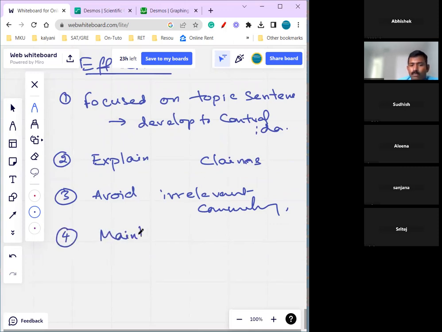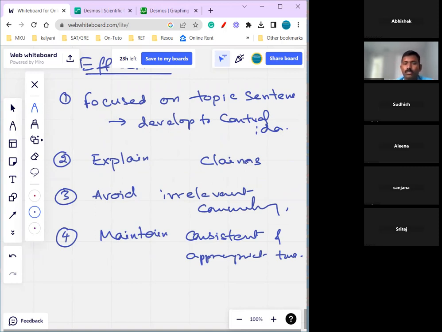Maintain consistent and appropriate tone. It should maintain these things, especially if you see a paragraph, you're reading them, you should have these qualities of a good passage or paragraph.